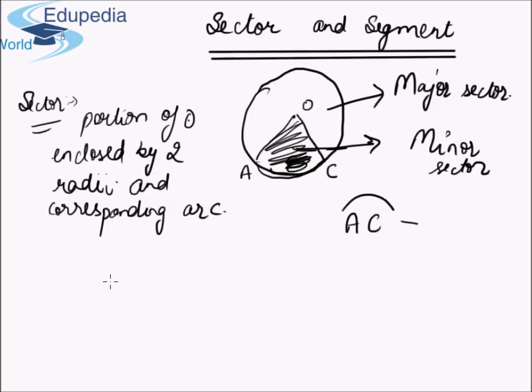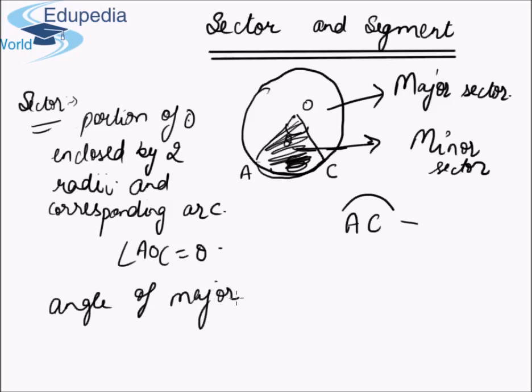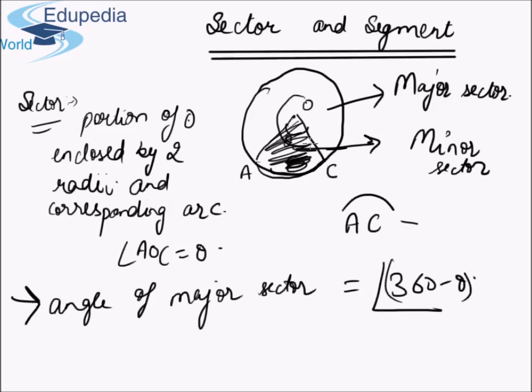Now you can see clearly that if the angle AOC is theta, then the angle of the major sector will be 360 degrees minus theta. Why so? Because this whole angle is 360 degrees.